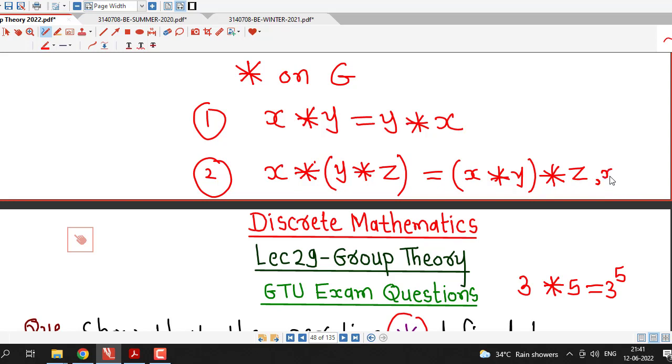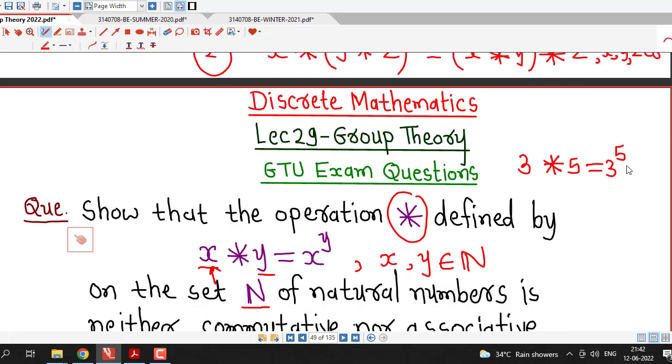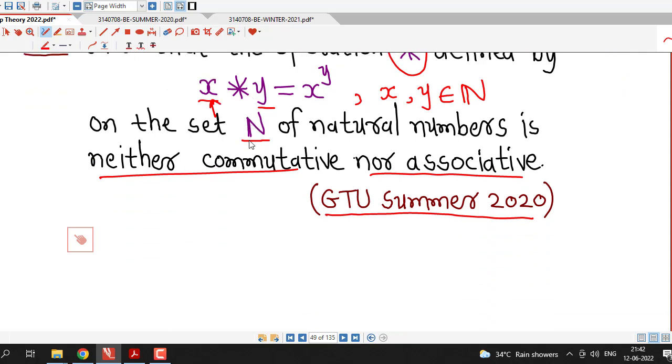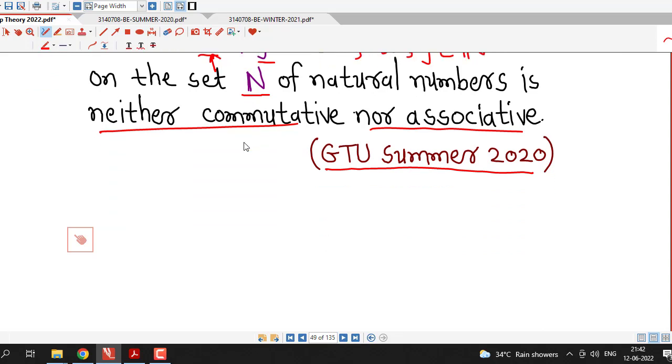This must be true for any three elements x, y, z in a given set. Now here our set is set of natural numbers, and we first prove that this operation is not commutative on the set of natural numbers.